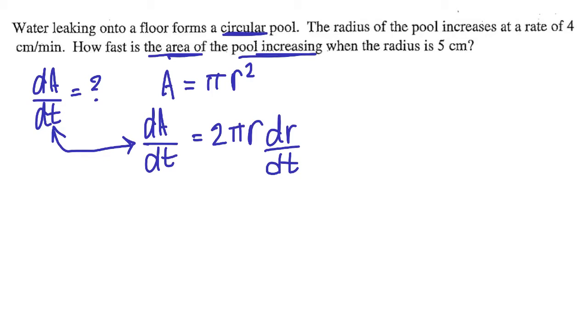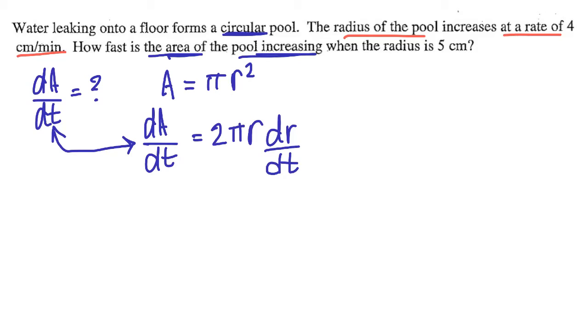Notice that it tells us the radius of the pool increases at a rate of 4 centimeters per minute. So it's not the radius is equal to, but the radius increasing at a rate.